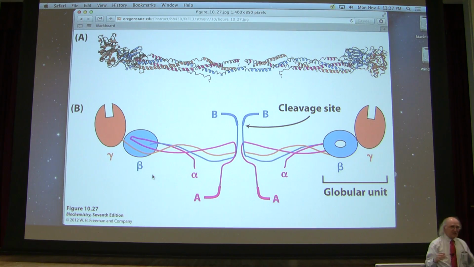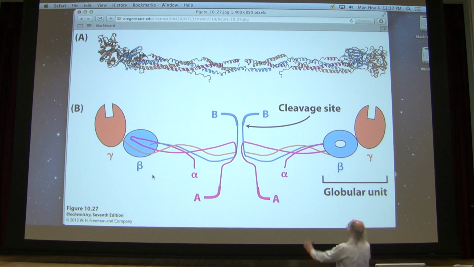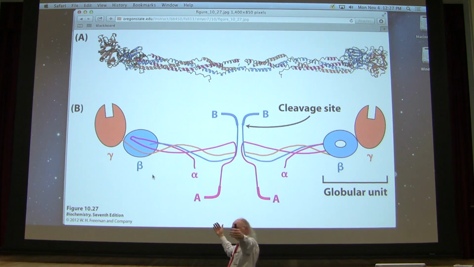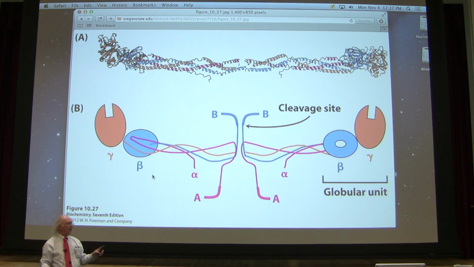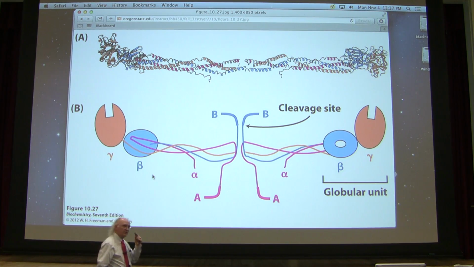So the polymerization that's happening is linking this dimer to another dimer, to another dimer, and it's occurring not only in the plane of the board, but it's also occurring in this direction as well. That's happening solely because the A's and the B's got cleaved off. Yes?